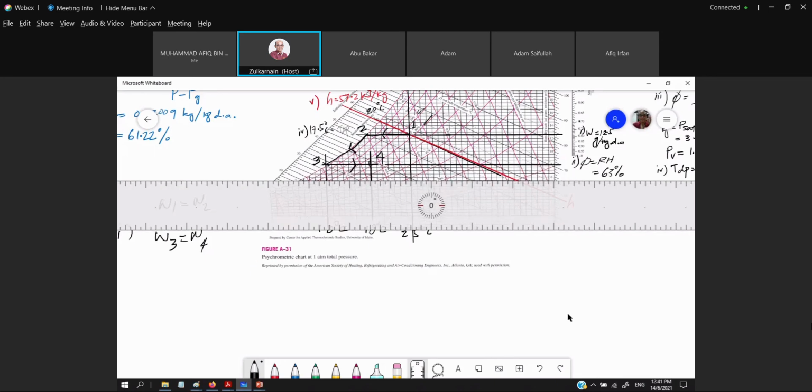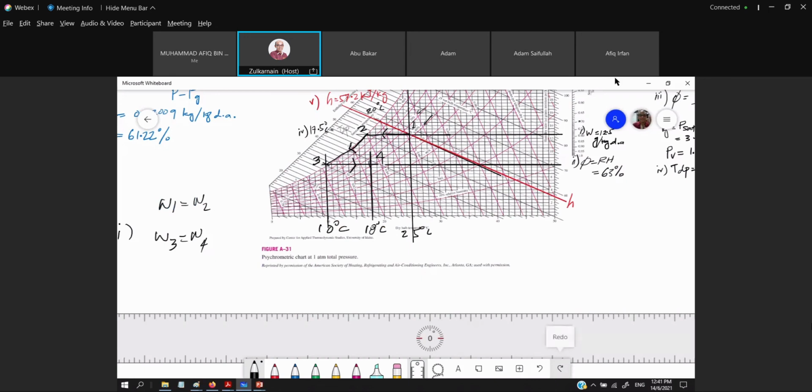So this should be our omega value. This is our omega value. We will get the omega value is about 7.75, 7.75 gram over kilogram of dry air.